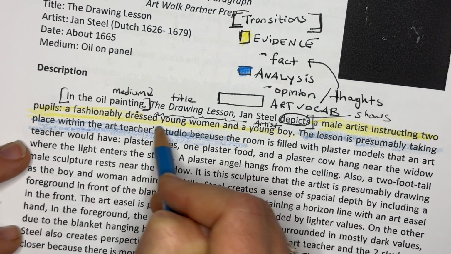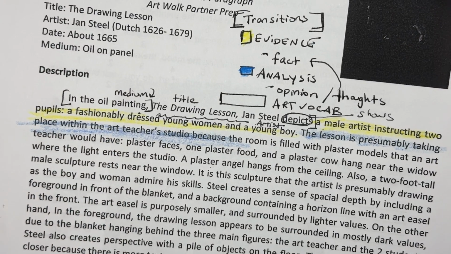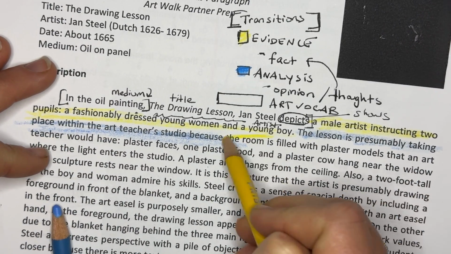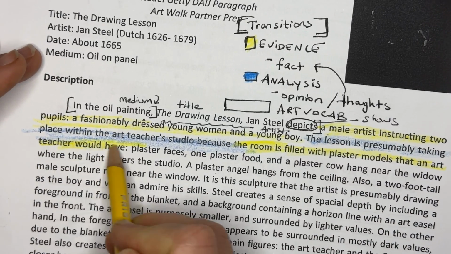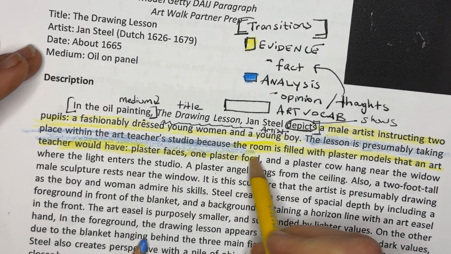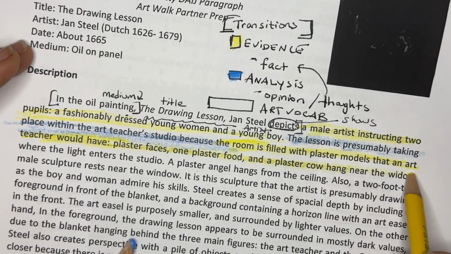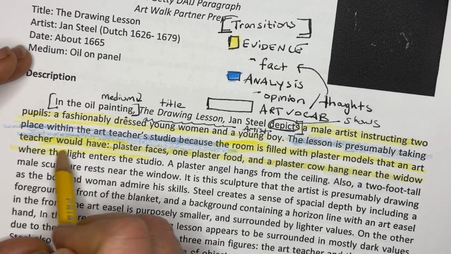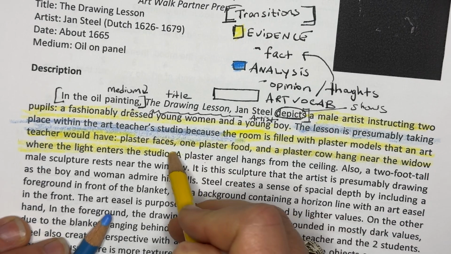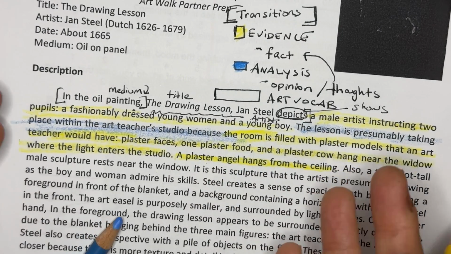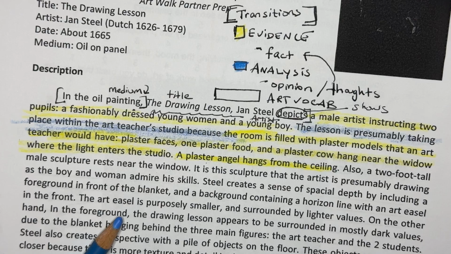Because the room, and then you're explaining why with evidence. "The room is filled with plaster models that an art teacher would have. Plaster faces, 1 plaster foot, and a plaster cow hang near the window where the light enters the studio. A plaster angel hangs from the ceiling." Okay, this is all fact.